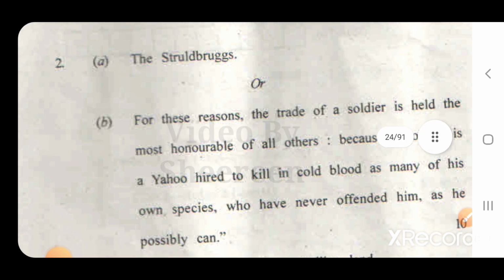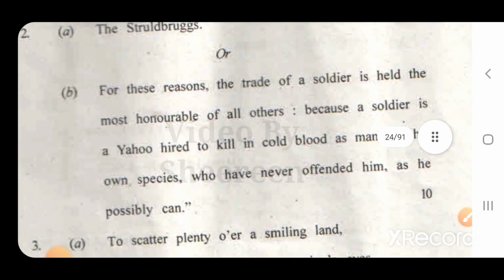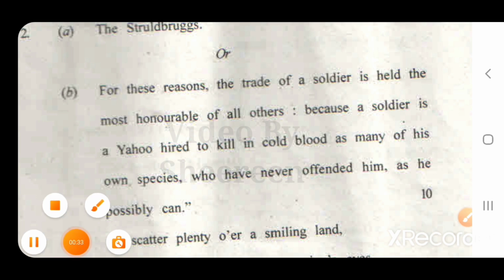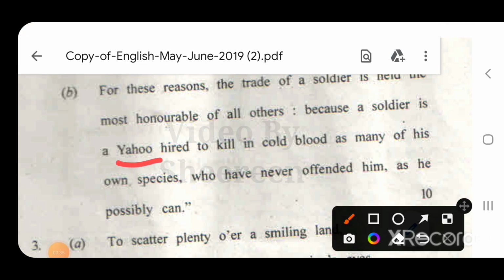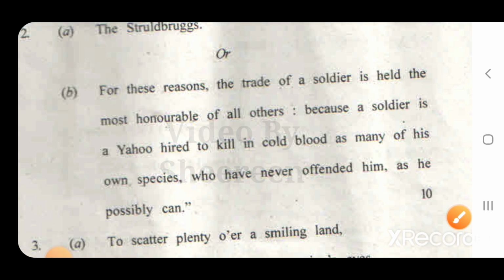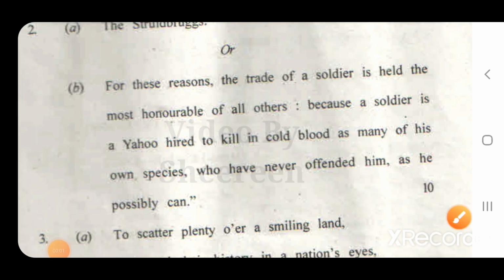Now the second option in the same question is also from the novel Gulliver's Travels, क्योंकि यहाँ पे याहूस का जिक्र हो रहा है, as you can see. I will read the statement. "For these reasons, the trade of a soldier is held the most honorable of all others, because a soldier is a Yahoo hired to kill in cold blood as many of his own species who have never offended him as he possibly can." अगर आपने गुलिवर्स ट्रेवल्स नॉवल पढ़ी है तो आपको पता होगा कि इसमें याहूज़ और यूनिम्स का क्या रोल है.